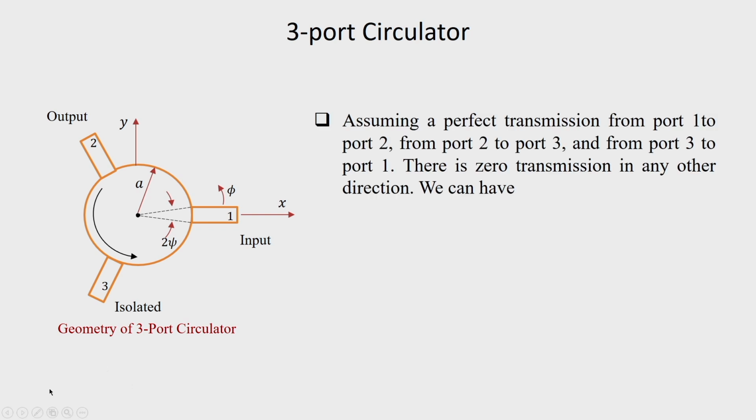So, we have perfect transmission from 1 to 2, 2 to 3 and from 3 to 1, and we have zero transmission in the other direction.